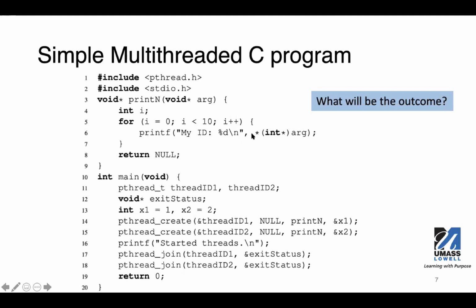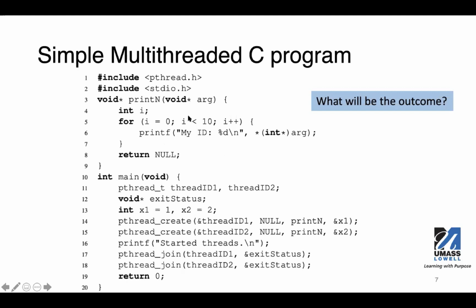Where do we get the integer? We use the argument, the pointer passed into the print n function, and we typecast that pointer into an int pointer, a pointer to an integer, and then we dereference it to get the value of that integer.